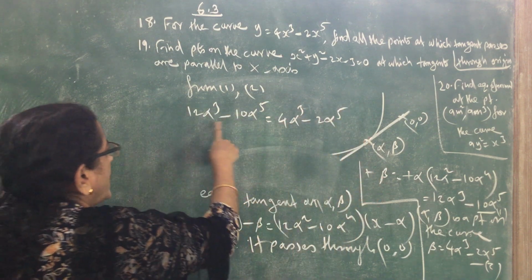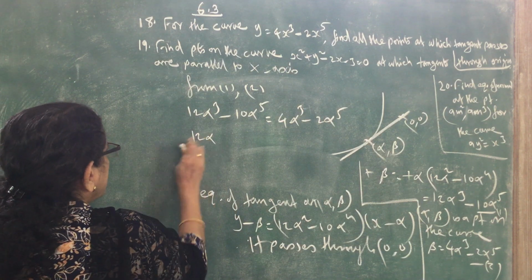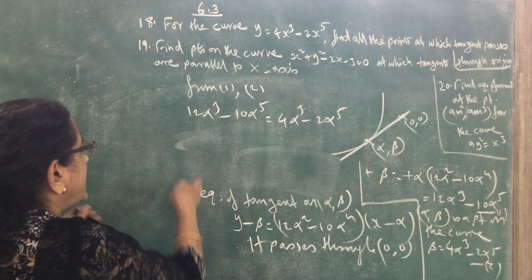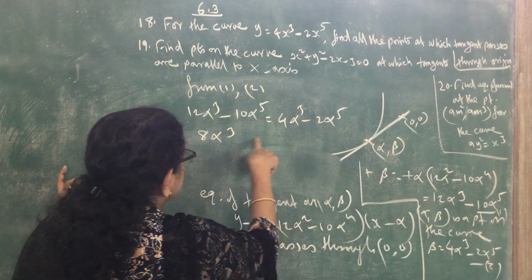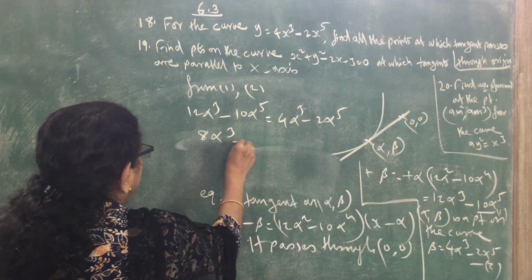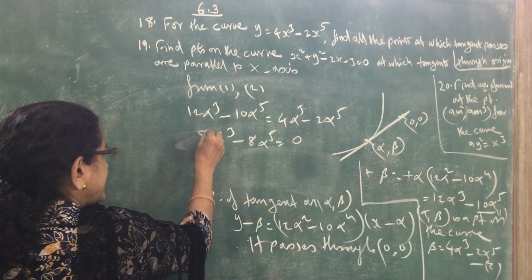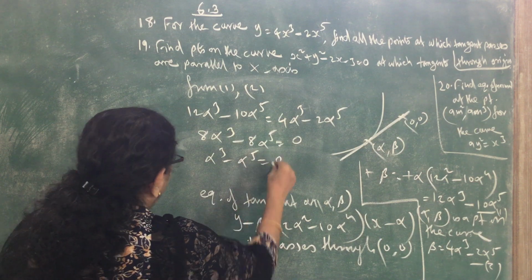Taking everything to one side, 12 alpha cube minus 4 alpha cube is 8 alpha cube, and minus 10 alpha raised to 5 plus 2 alpha raised to 5 gives minus 8 alpha raised to 5, equal to 0. So 8 we can cancel. Therefore alpha cube minus alpha raised to 5 equal to 0.